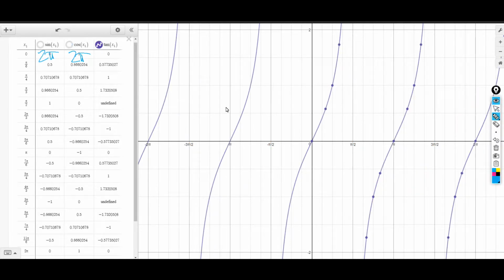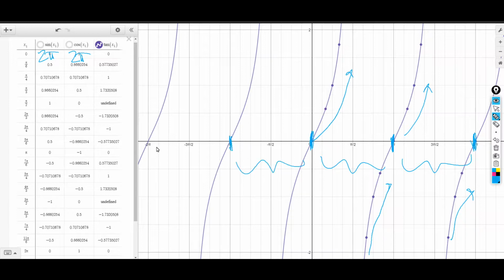if we look at this, we start at 0, and then we get to pi. We start at 0 and we go up a bunch of positive values all the way to undefined, and then start with some negative values up to 0 again, and then we start that process again. So this right here is repeated here, here, and here.